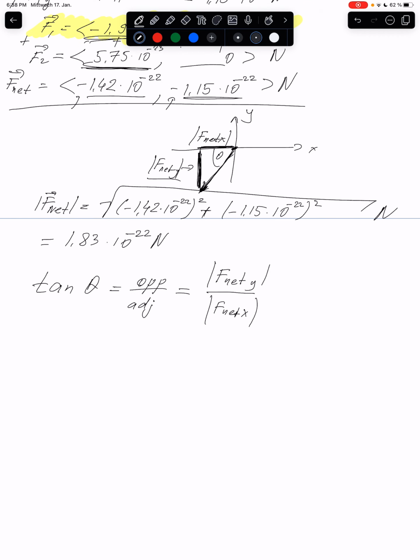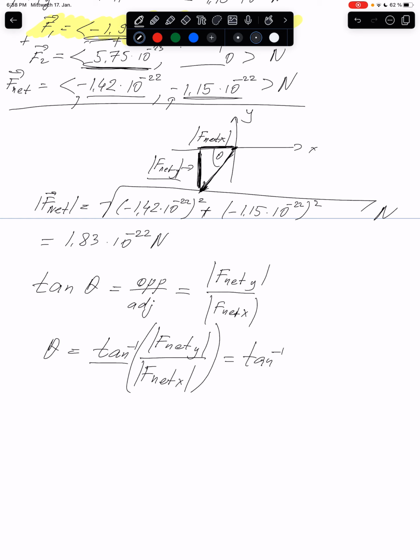This is the tangent. What we need to actually find is theta, but we know how to invert the tangent. We need to find the arctangent. Oftentimes it is denoted by tangent to the minus first, which just means the inverse function, the arctangent. It is the arctangent of the absolute value of F net y divided by the absolute value of F net x. Perfect. So now we can substitute the numbers.